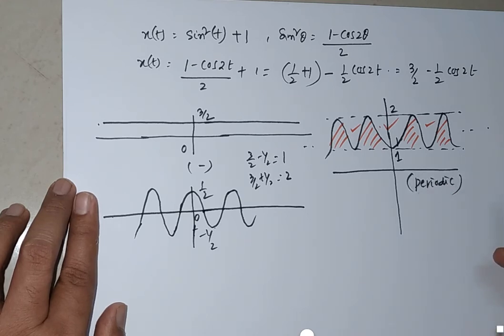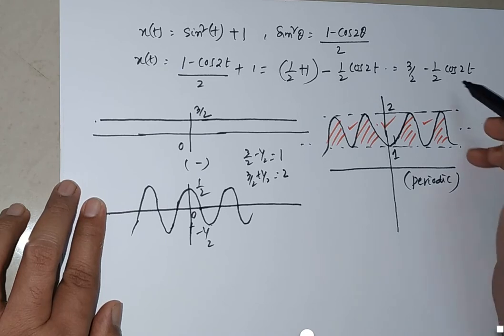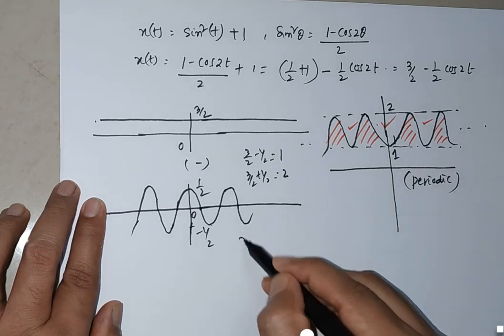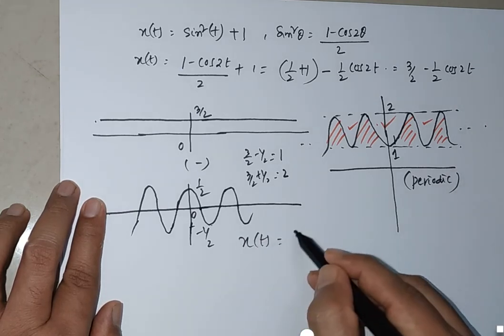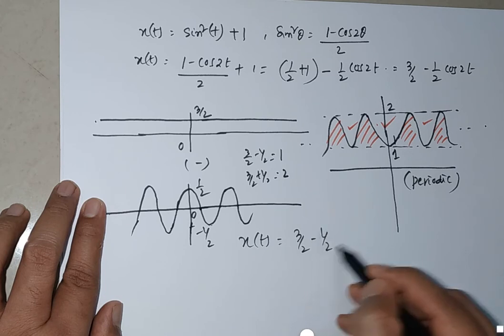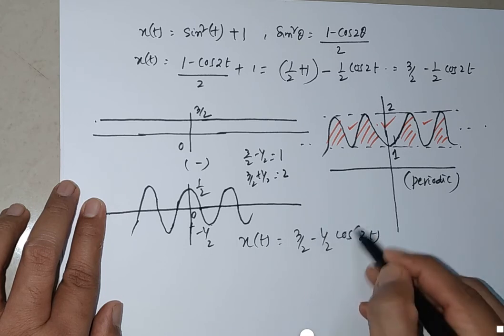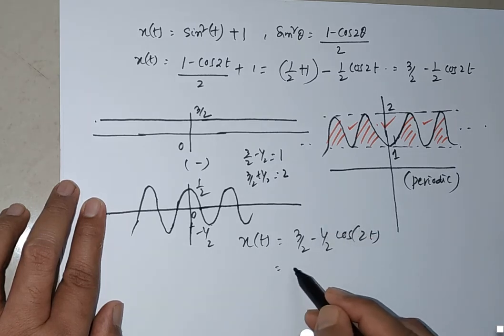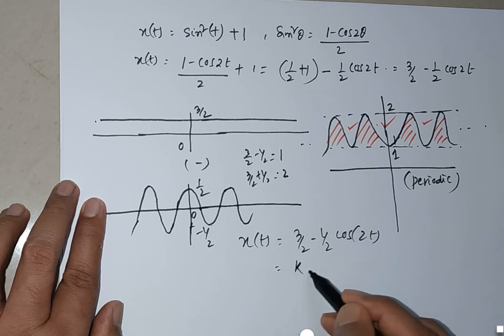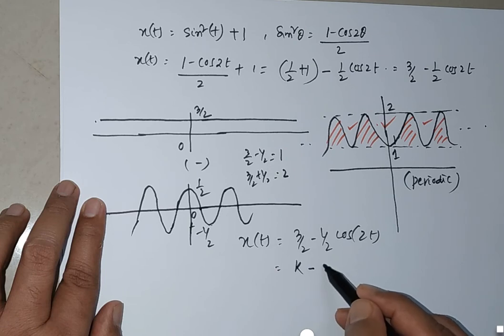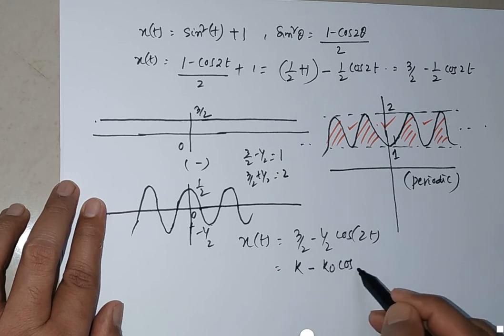If you want to find the period of the signal, it is easy. See, it is in this form: x of t equals 3 by 2 minus half cos 2t. Means here some constant k minus k0 cos of omega 0 t.